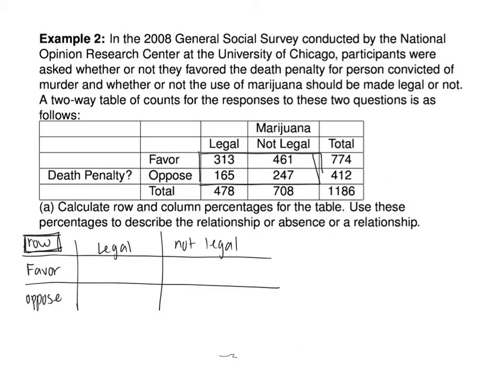Of the people who favor the death penalty, 313 out of those 774 think marijuana should be legal. That's about 40.4%. And of those who favor the death penalty, 461 out of 774, or 59.6%, think that marijuana should be not legal.